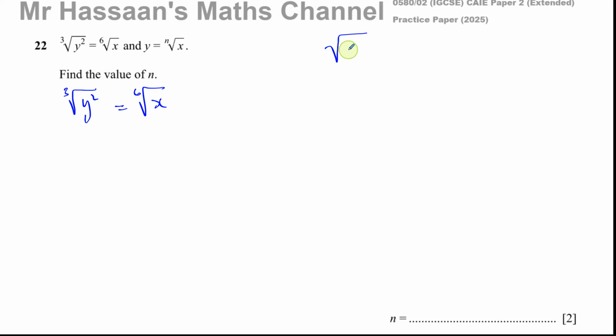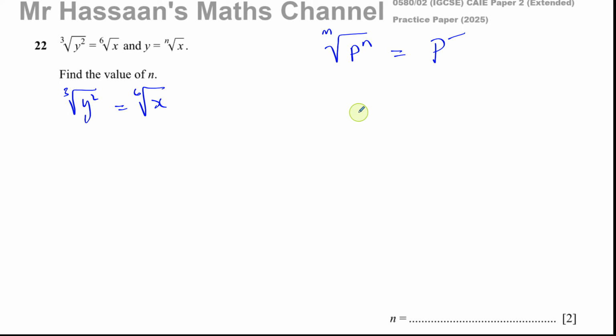That if you have, for example, the mth root of p to the power of n, something like this, how do you write this in index form? Well, you're going to write that as a fractional index. When you have square roots and cube roots and roots, there will always be a fraction.